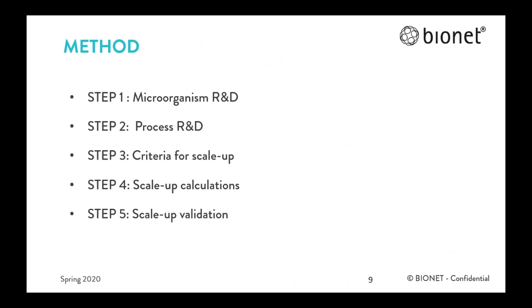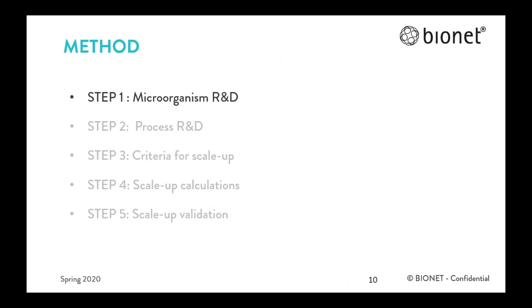Thus, we can divide a proper methodology as step 1, microorganism R&D, step 2, process R&D, step 3, criteria for scale-up, step 4, scale-up calculations, and step 5, scale-up validation.